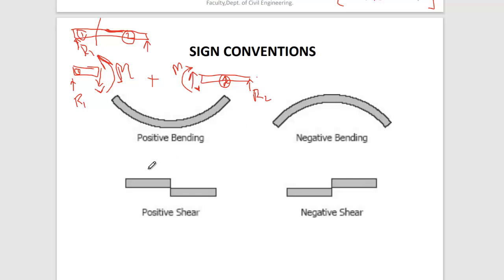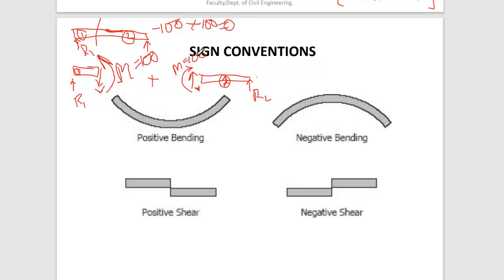Similarly, for the counterclockwise or anti-clockwise moment here, say it's 100, just for an example. This is clockwise, so for anti-clockwise you consider minus 100, for clockwise plus. So what does it mean?